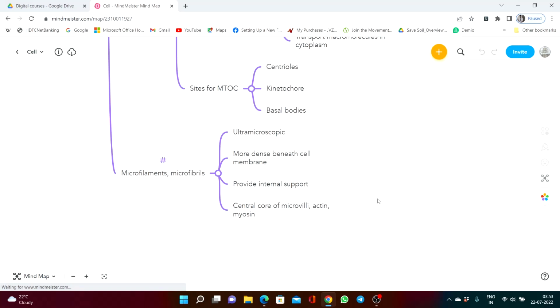Unless you score 90% in the test, you cannot enter the next topic. If you get less than 90%, please go back and revisit the particular topic and retake the test. You can download the mind map from the link given below in the description.